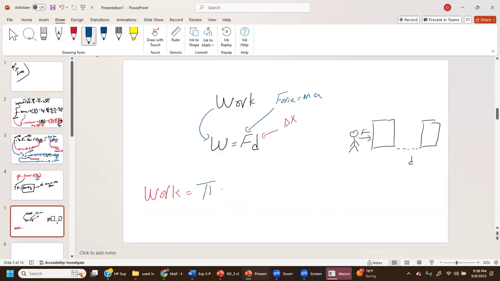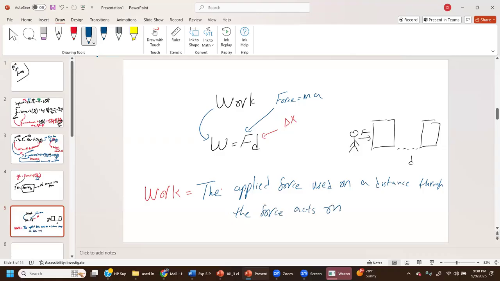It's the applied force used on a distance through which the force acts.